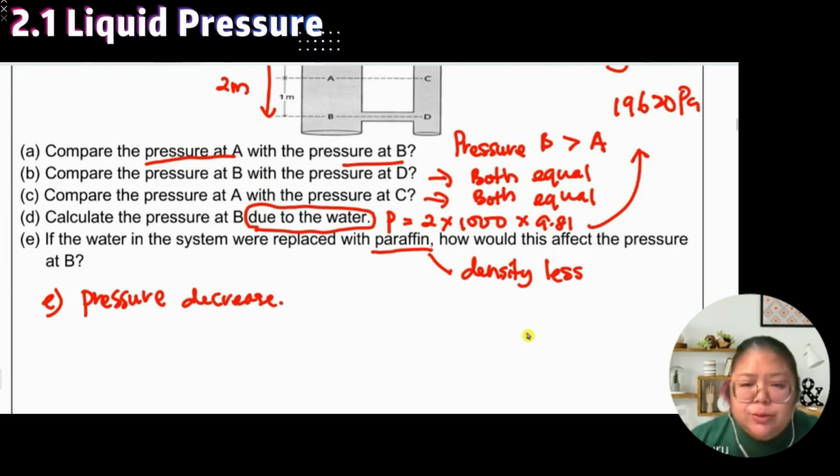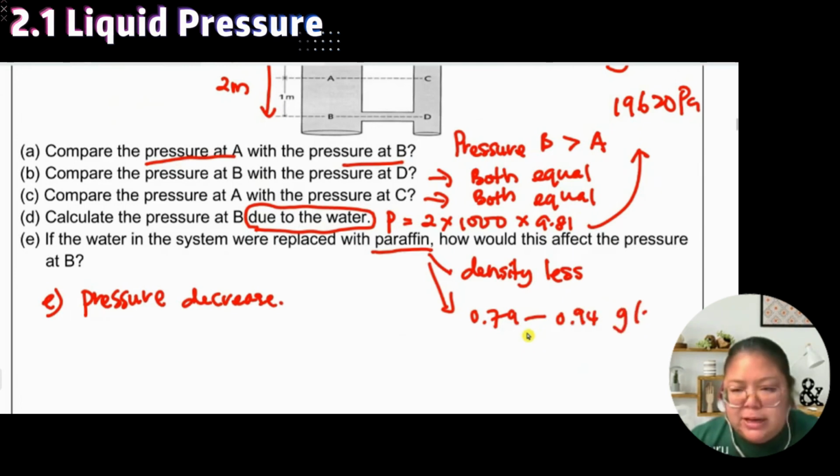Just to let you know, the density of paraffin is 0.79 to 0.94 gram per cm cube. This one is gram per cm cube, so you convert to kg. I multiply 0.79, convert to kg, then divide by 1 cm cube, so that is 1 times 10 power 4.